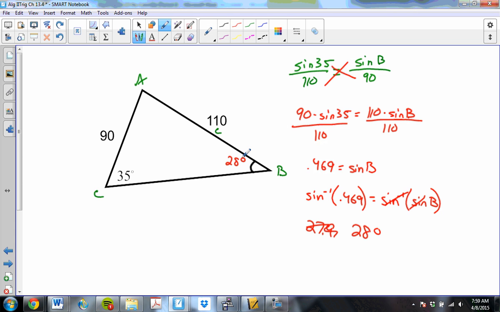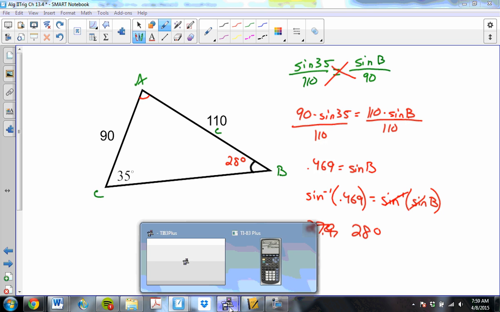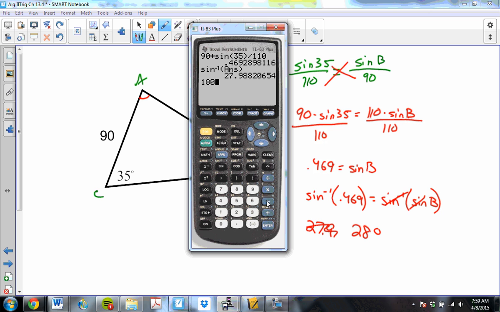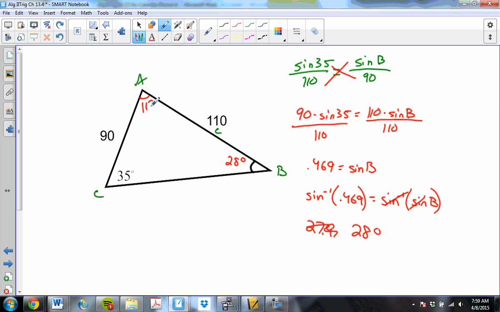Now that I have this angle at 28, I can find angle A, because I do 180 minus 28 minus 35, which is 117. Then I can do sine of 117 over A equals sine of 35 over 110.